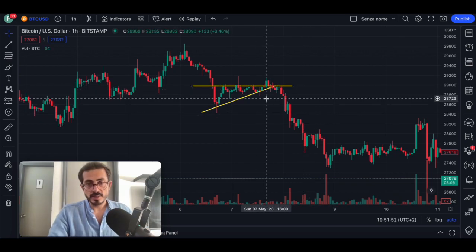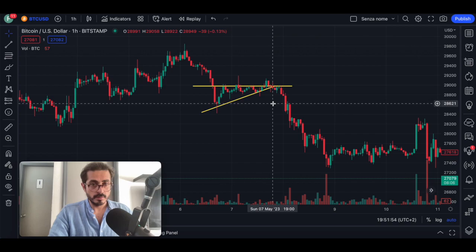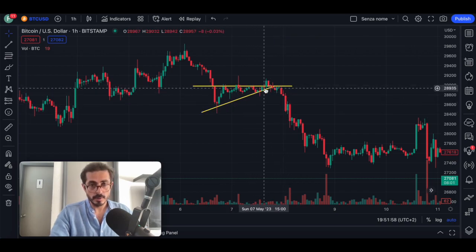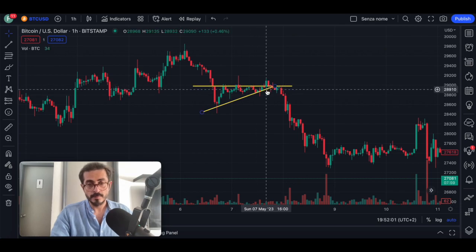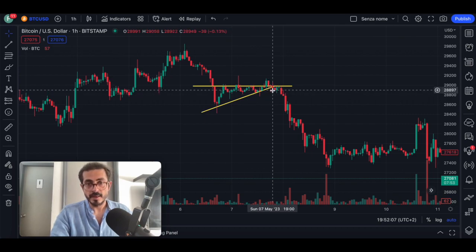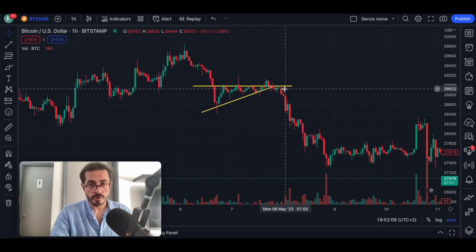And what does it mean that the price breaks to the downside? It means that it just goes out of the triangle by breaking this support line, which is the ascending trend line. In that case, we short.